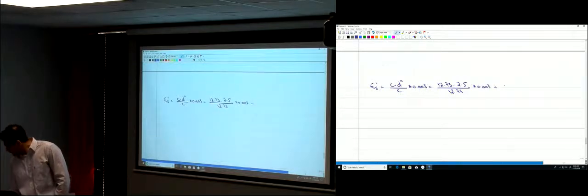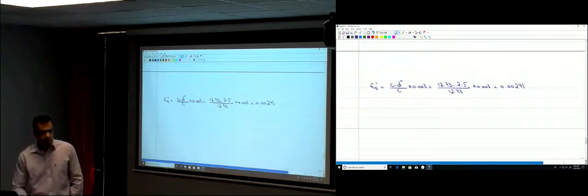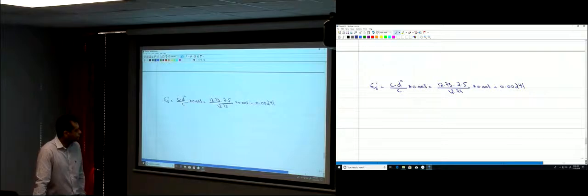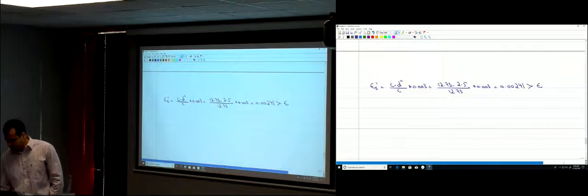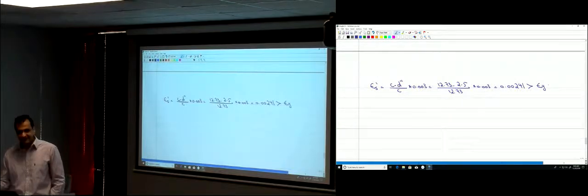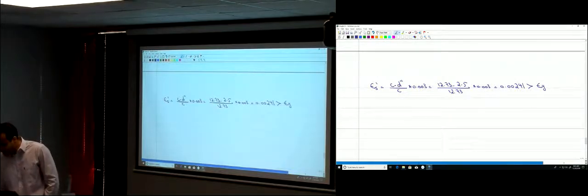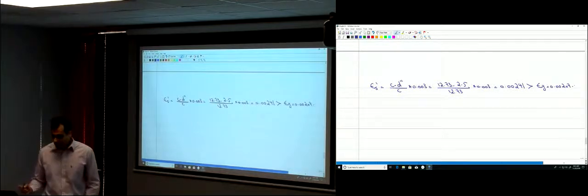So epsilon steel prime is equal to 0.00241. What does this number mean? For the compression steel, this is larger than epsilon yield. You're lucky, right? It's much better now. Epsilon yield is equal to 0.00207. So the compression steel yielded.